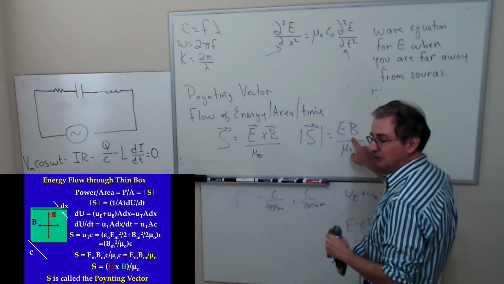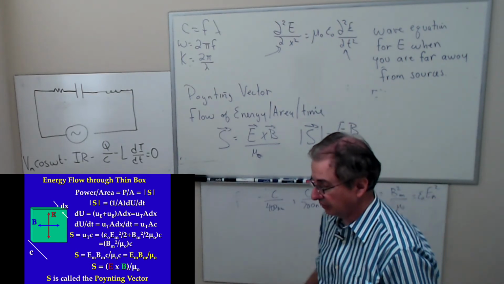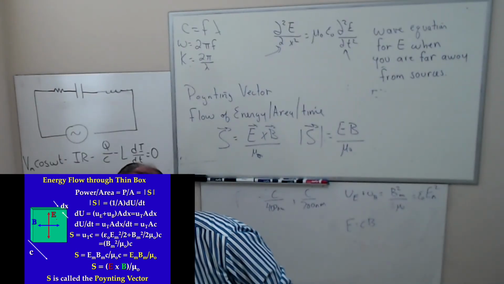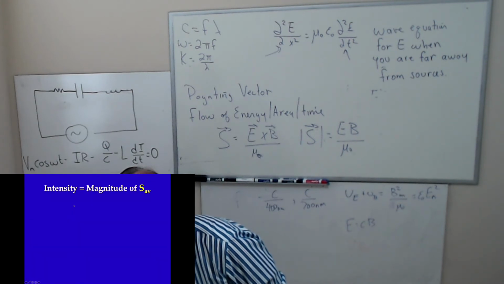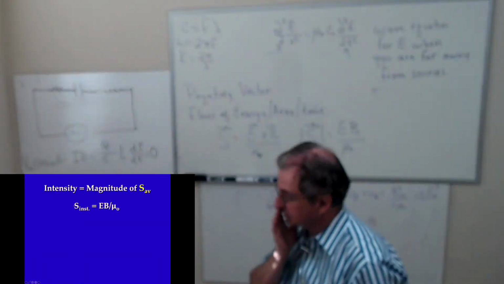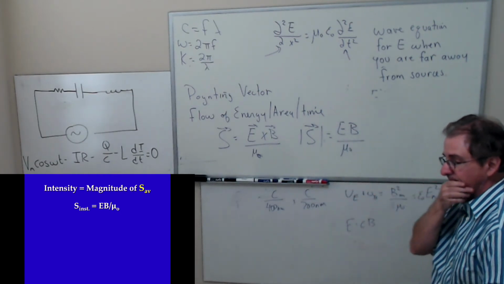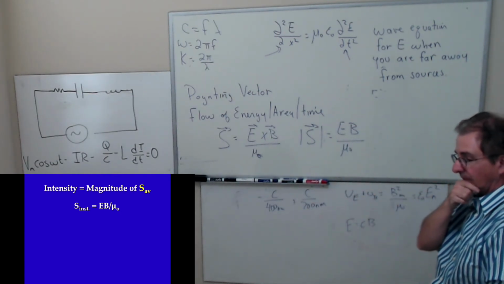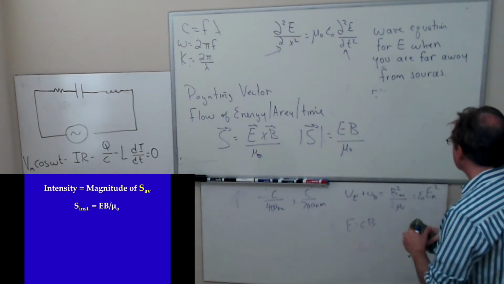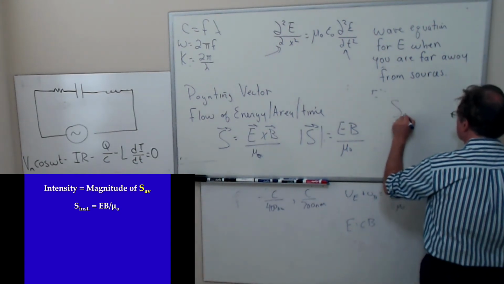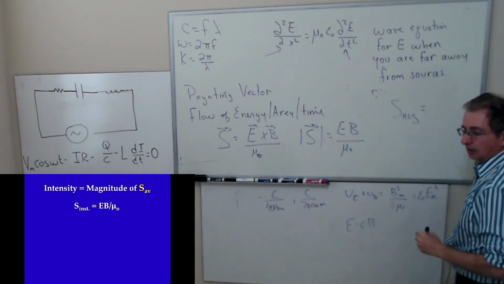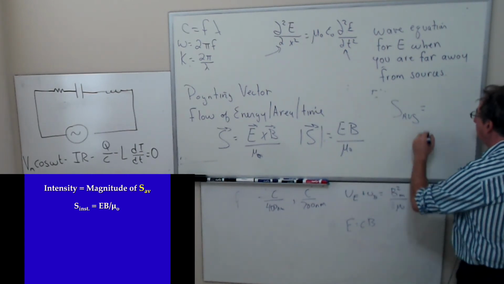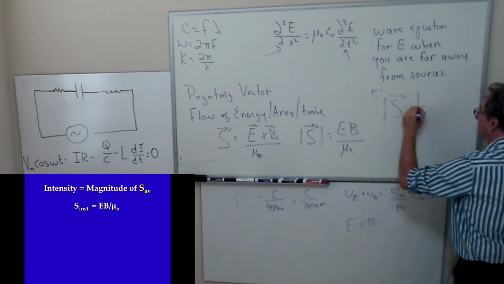You take the average of cosine squared, that gives you 1/2. So a lot of times we talk about the average over a cycle. And the magnitude of the average over a cycle is called the intensity.